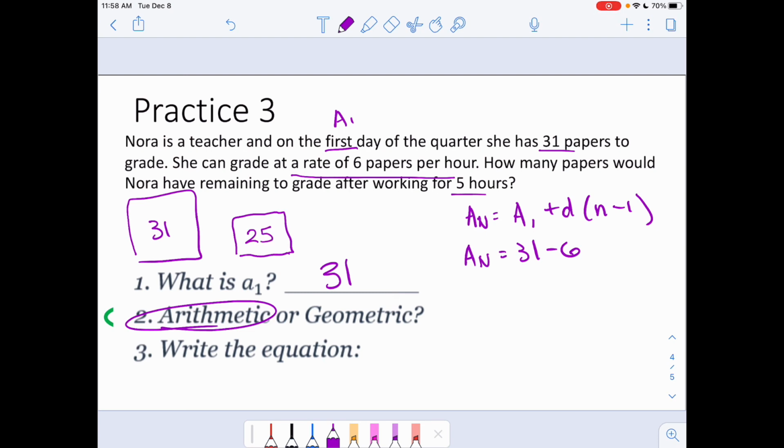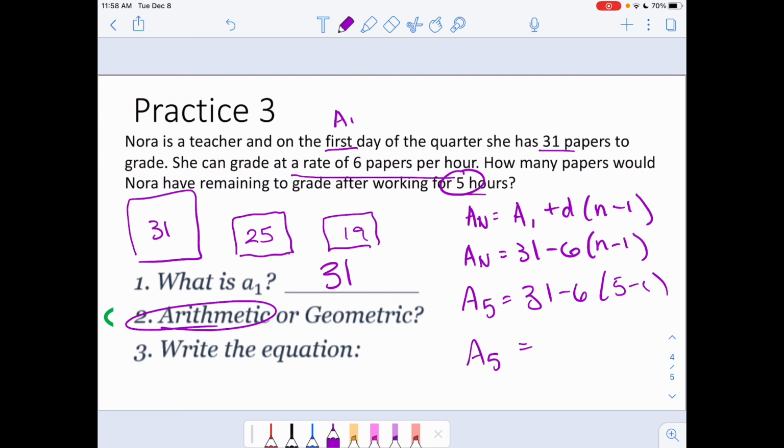So after 1 hour, she only has 25. And after another hour, now she has 19 to grade. So I'm going to be subtracting 6. We can go ahead and plug a 5 in for n. And see that after 5 hours of grading, she has 7 papers left to grade.